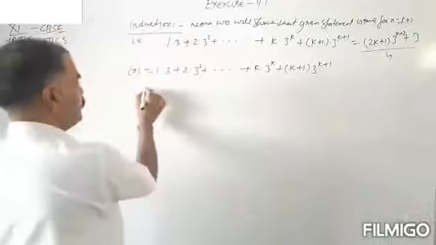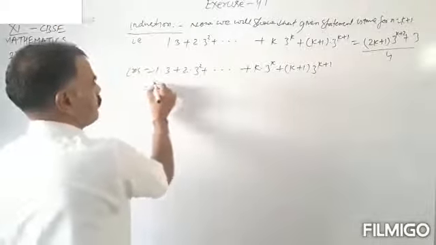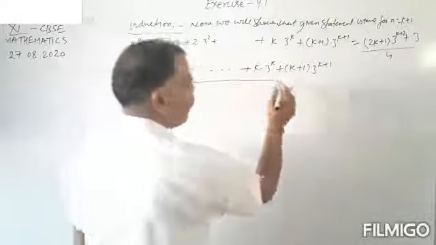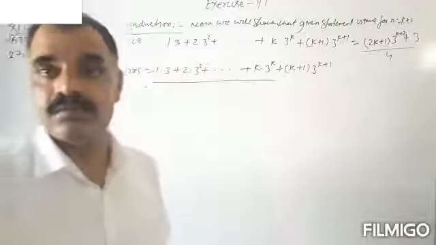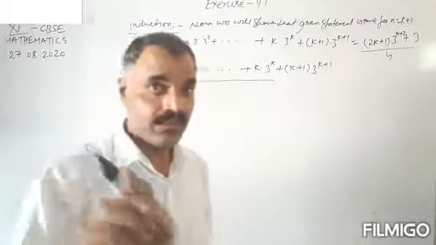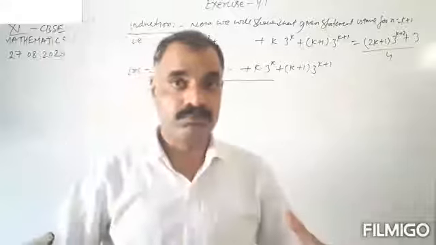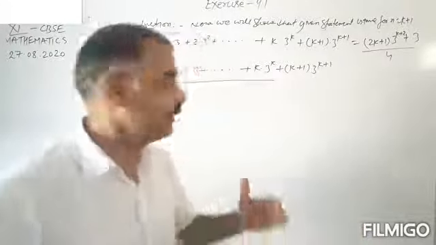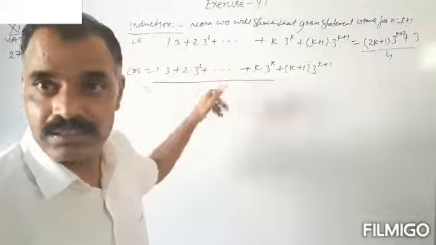Okay. So this is equals to, from the first step to the kth step, we have assumed that the given statement is true. That is why we will use the assumption here.